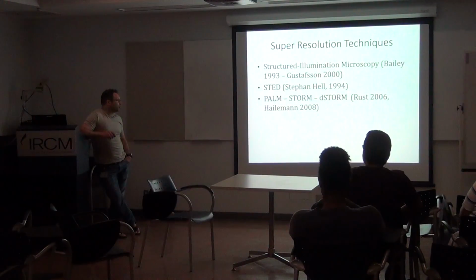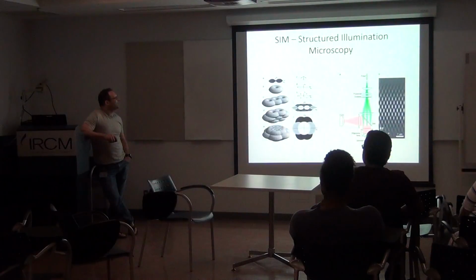But those three people won the Nobel Prize, I think, in 2014 for their techniques that are now widely used in microscopy. We don't have any super resolution microscope here yet. I guess we will get one at some point.